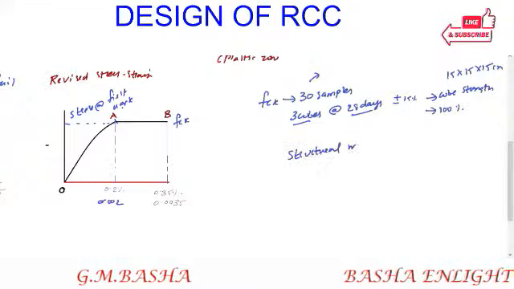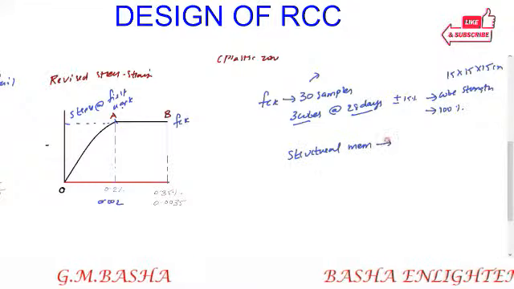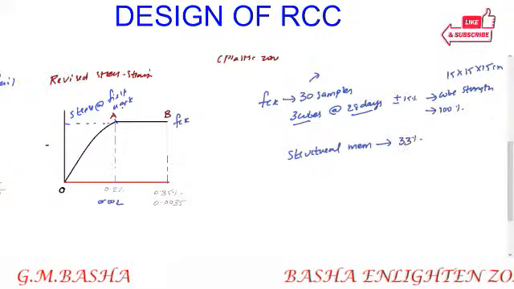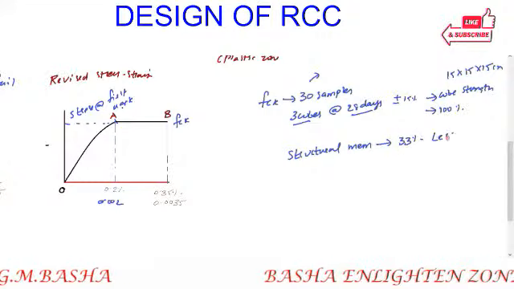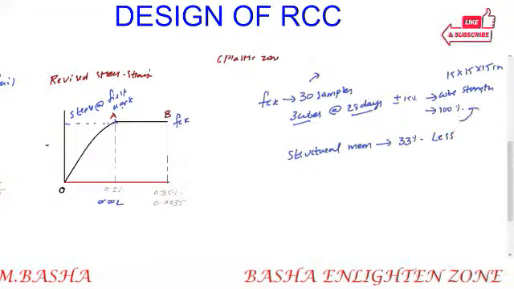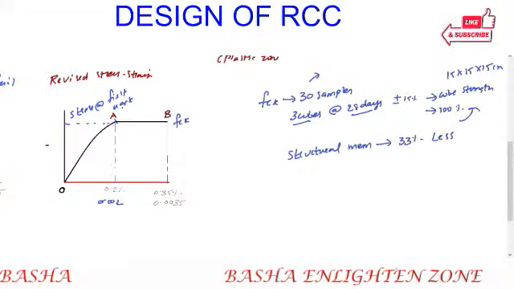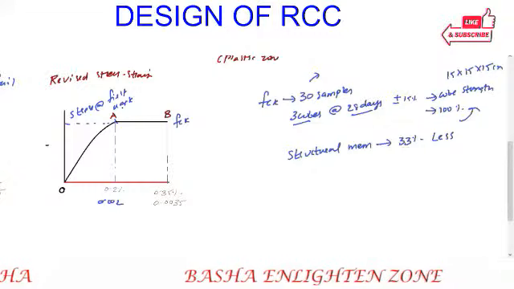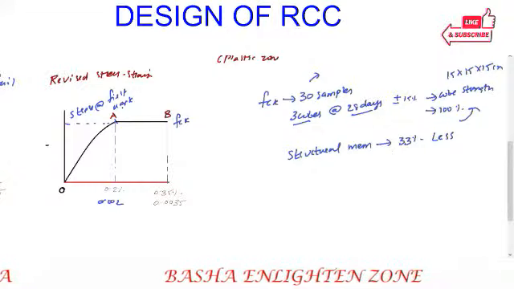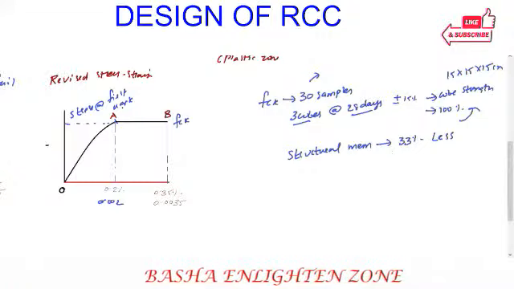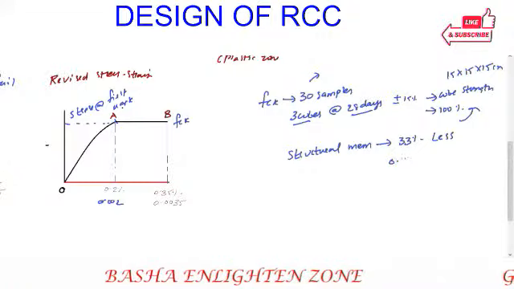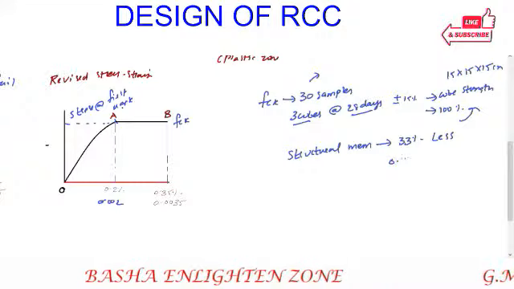For any structural member, that strength will be 33% less than the cube strength. Approximately I am taking this one as 100% and this one will be 33% lesser, so you can consider it as 67%, that is 0.67.